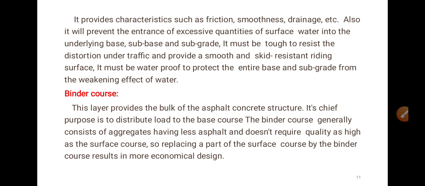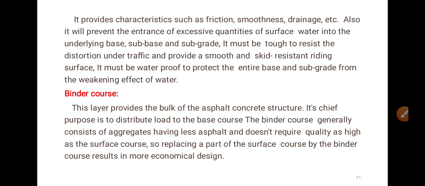It must be waterproof to protect the entry of water from the surface to the subgrade through the base and subbase courses, so that these layers and the materials within them will not become weak.